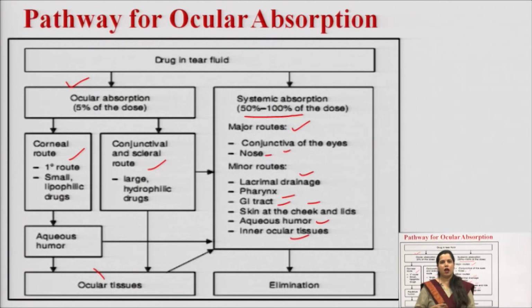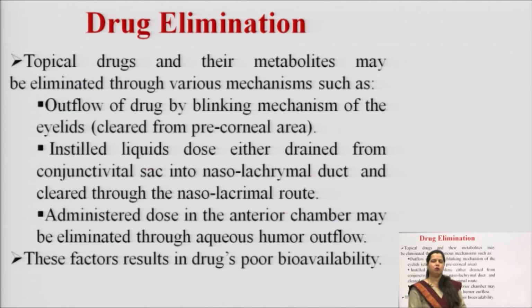Drug elimination, as you see in the last picture. After coming into the systemic circulation, the drug is directly eliminated. So, after ocular absorption also the drug will get into systemic circulation and then get eliminated. So, this is how you get the absorption pattern.